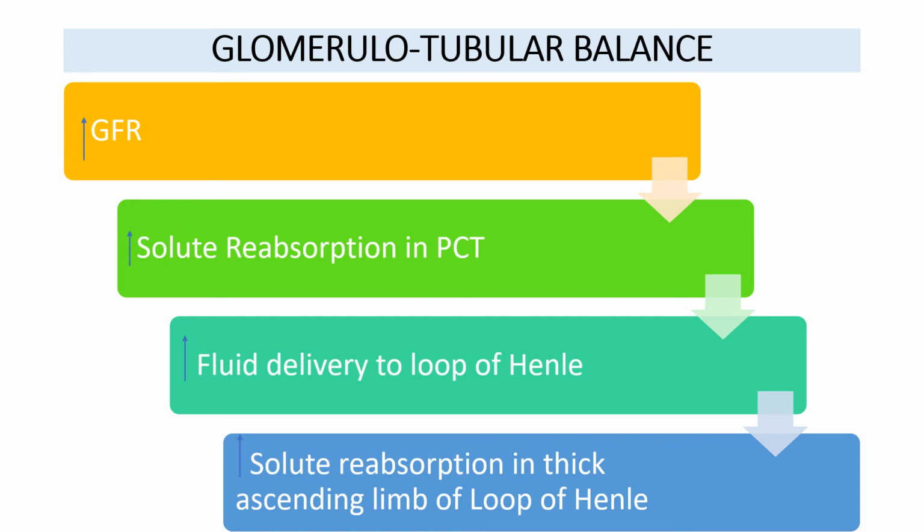Most of this change occurs in the PCT. The tubule tends to reabsorb a constant fraction of the filtered amount rather than a constant amount. This proportionality is referred to as glomerulo-tubular balance. So you understood that tubules absorb a constant proportion of the sodium and not a constant amount.